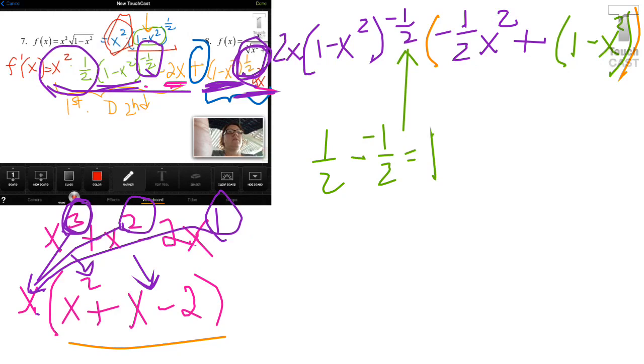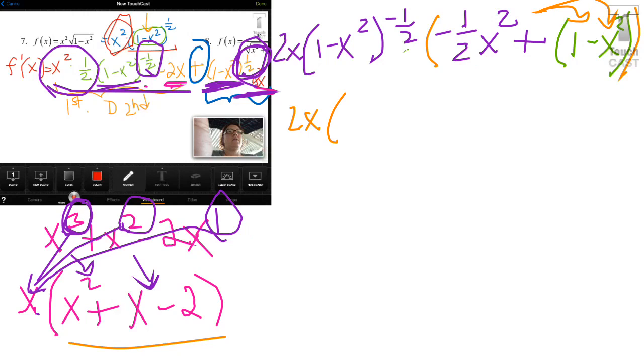And then I'm going to simplify inside those parentheses. So of course I would distribute the positive 1. So nothing in the front is going to change. And then when I combine like terms, I'll have a negative 1/2 x squared and a negative x squared.